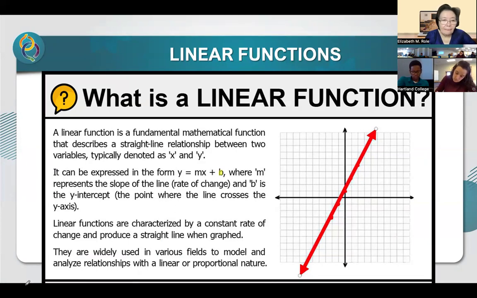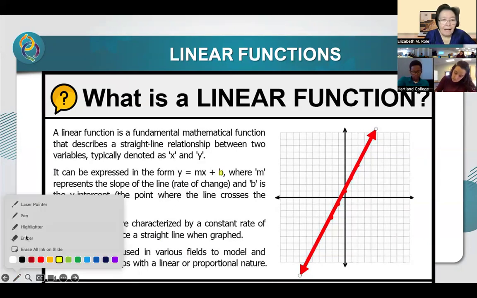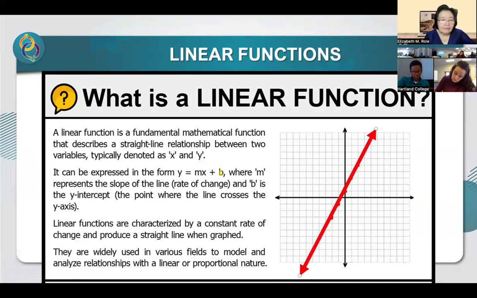We talked about the slope as the rate of change, and b as the y-intercept, where your line crosses the y-axis. And of course, we also learned about the x-intercept, where the line crosses the x-axis.